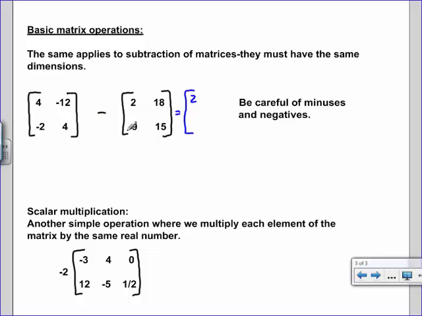Negative 2 minus negative 9 would be the same as negative 2 plus 9. So we have 7. Negative 12 minus 18 is negative 30. 4 minus 15 is negative 11. And that's it. You've subtracted the two matrices.